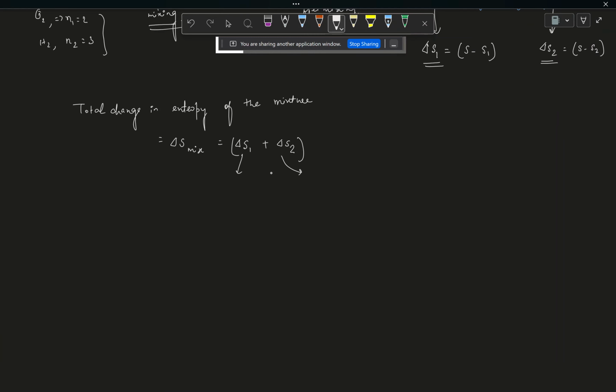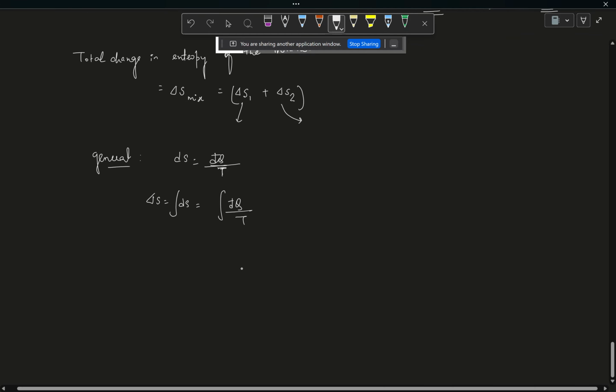Right now, how do you define your change in entropy? In the general sense, you write dS equal to dq by T, right? So the infinitesimal change in entropy dS is equal to the small amount of heat absorbed, dq, divided by the absolute temperature T. So your delta S is basically the integration of dS, which is just the integral of dq by T, right?